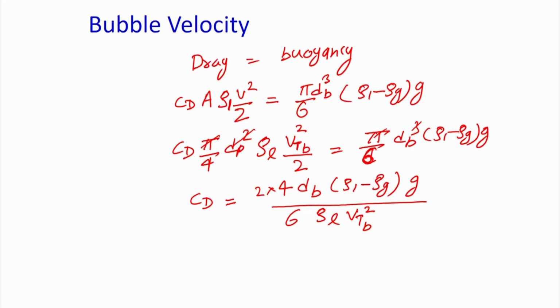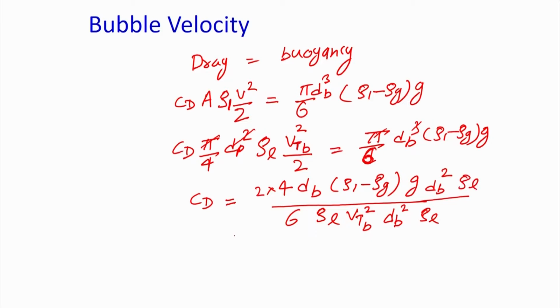Now, we can write it in terms of the Reynolds number. If you want to write it in terms of the Reynolds number, what do we have to do? We know what the Reynolds number is. I have to multiply here, it is V square. I want to write it in terms of a square function of the Reynolds number so that my velocity will be accommodated. So, I will write dB square up, dB square down, I will multiply one rho L up and one rho L down.